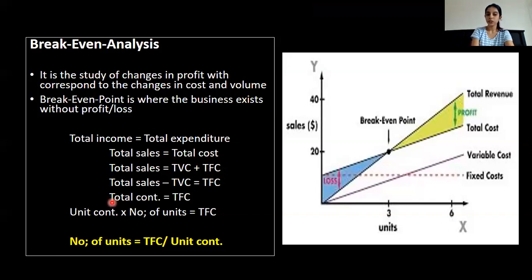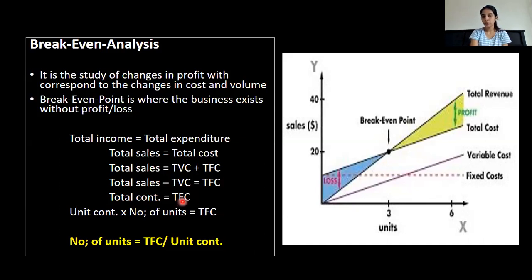And then total sales. When we take this total variable cost component into the left side of the equation, total sales minus total variable costs will be equal to total fixed cost. So what is the difference between total sales and total variable cost? It is the total contribution. We understood it a while ago. Total sales minus total variable cost is the total contribution, which equals total fixed cost.